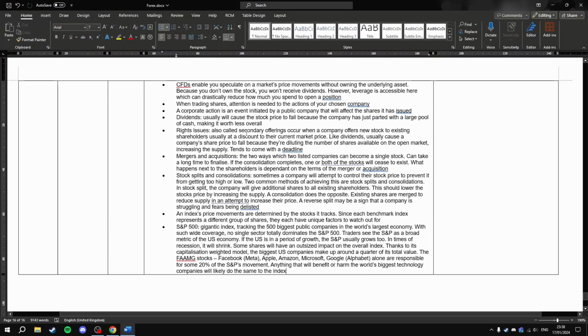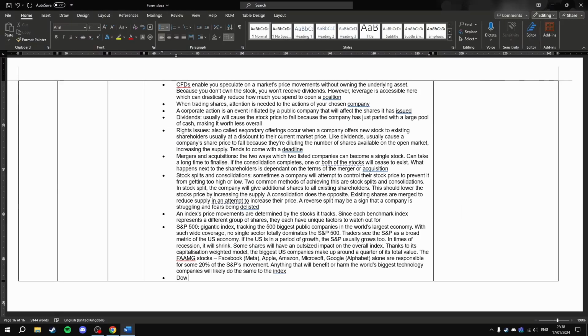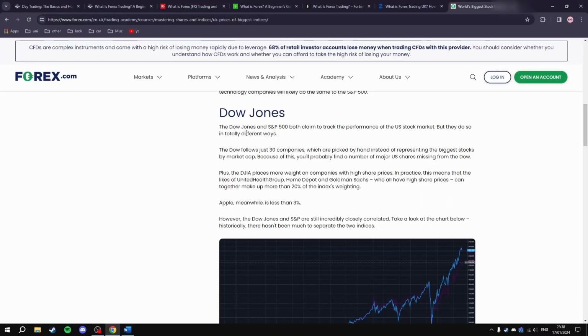Dow Jones. The Dow Jones and the S&P 500 both claim to track the performance of the US stock market, but they do so in totally different ways.